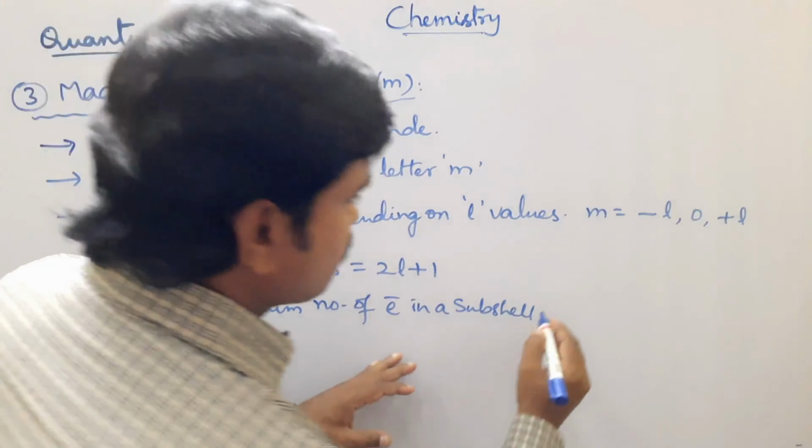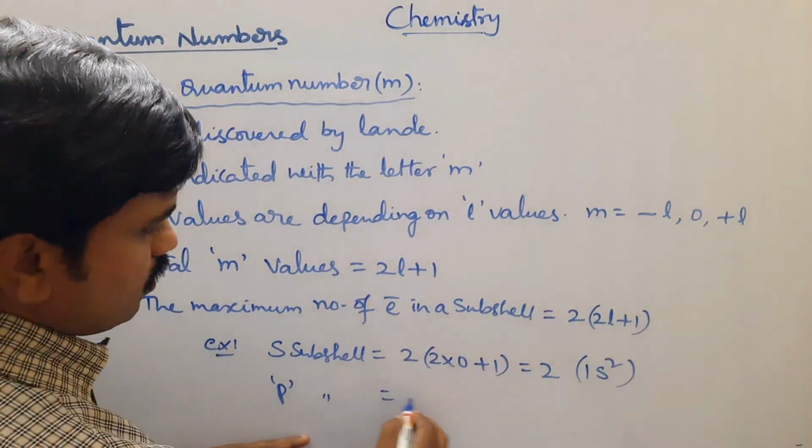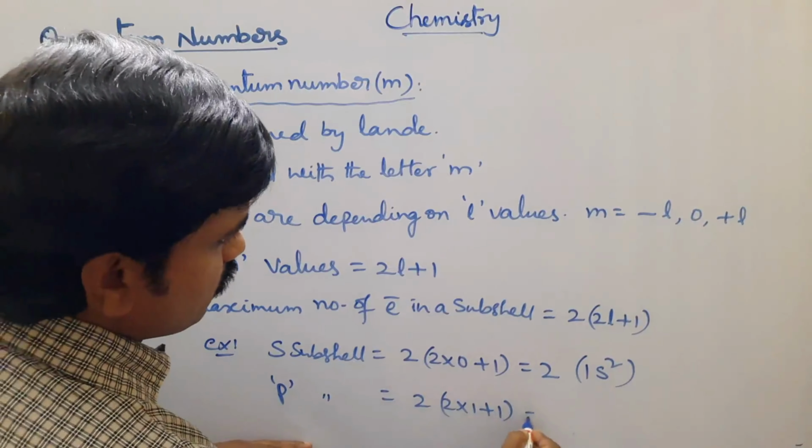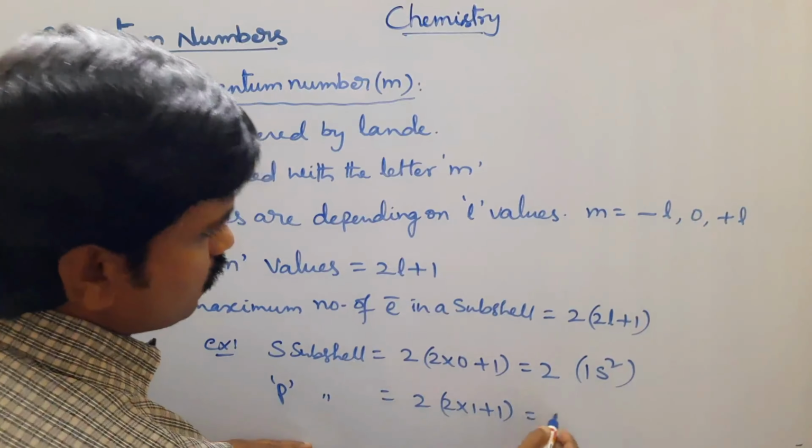So 0 plus 1 is 1, 1 into 2. So this is 2 in the s subshell. For the p subshell, I am substituting the p orbital L value 1, that's why 2 into 2 into 1 plus 1, which is 6. So the p subshell has 6 electrons.